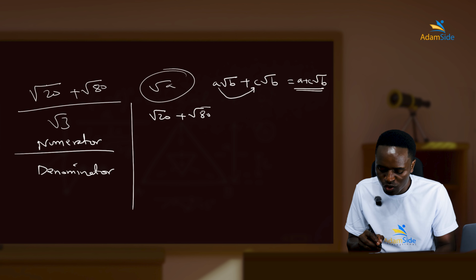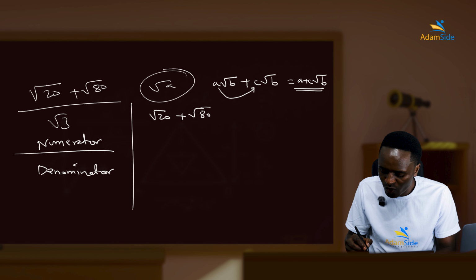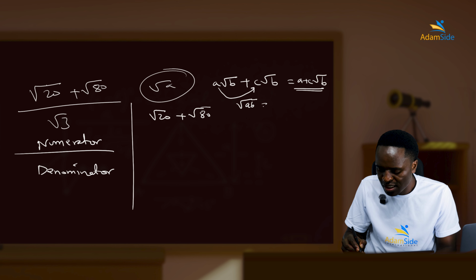So in other words, to simplify these surds, we use this form: the square root of ab is the same as the square root of a times the square root of b.